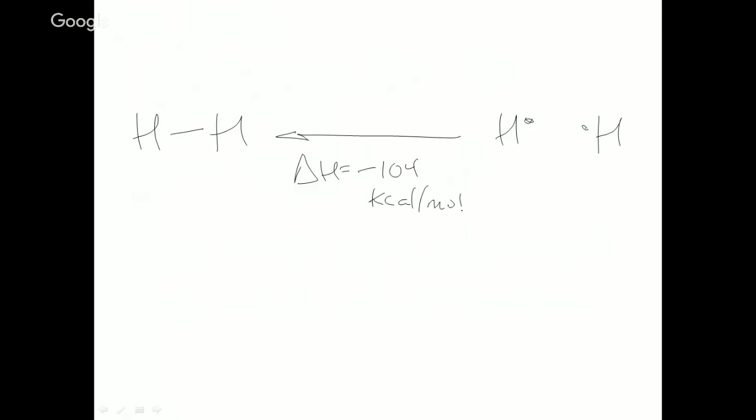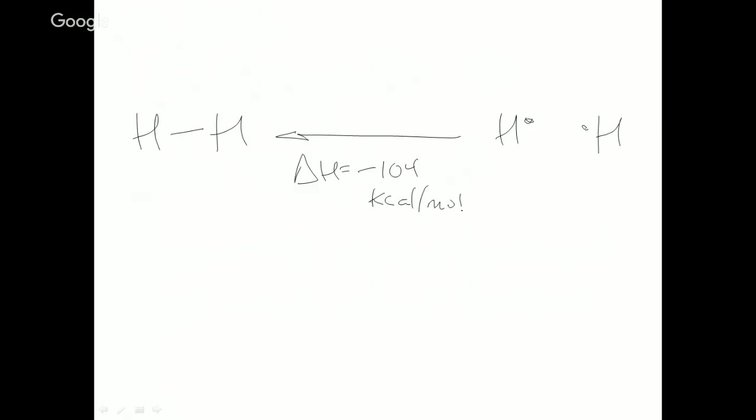You can have H2 with a bond, or you can have two hydrogen atoms. To form a bond, delta H equals negative 104 kcals per mole. So for every mole of this, you generate about 100 kcals when these come together.